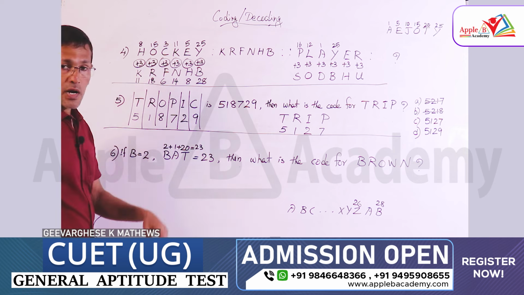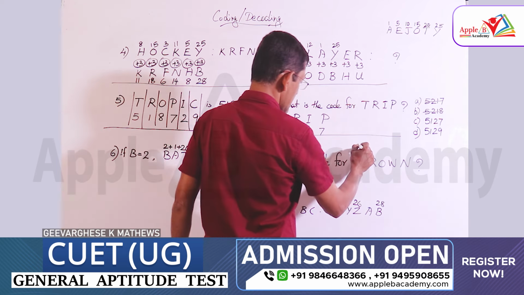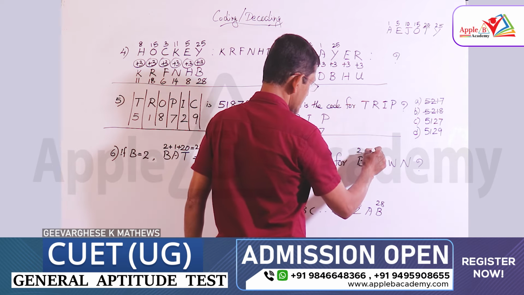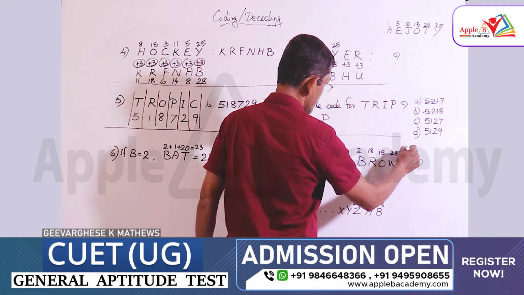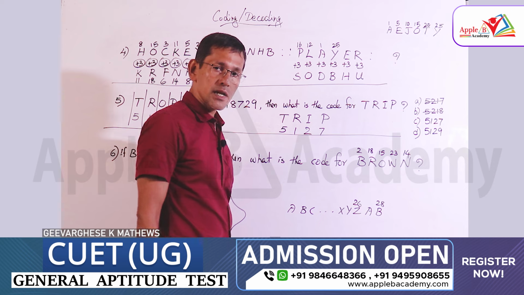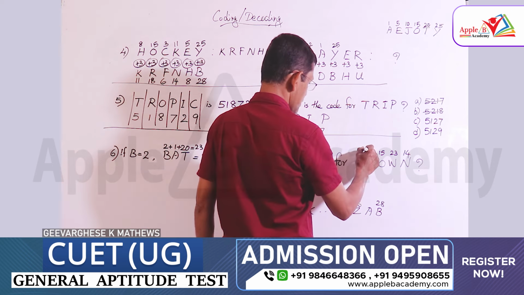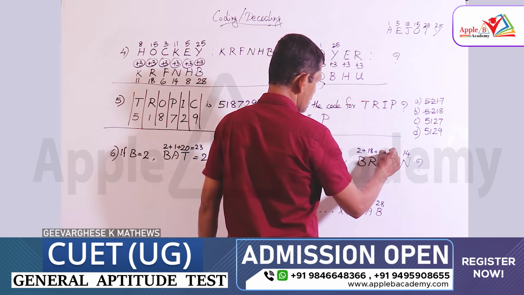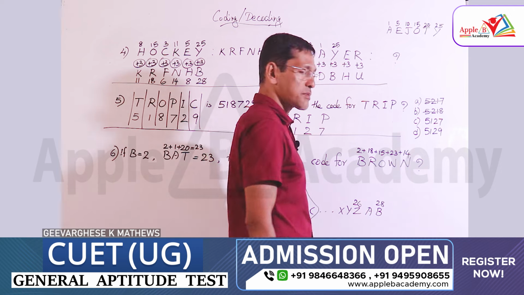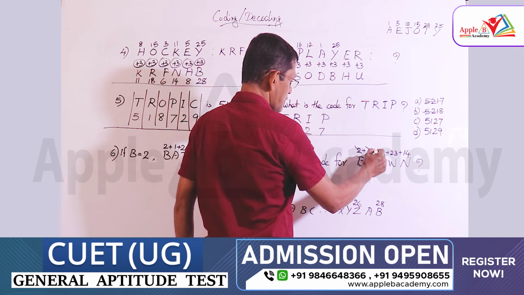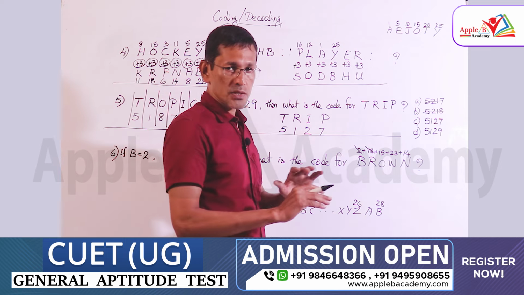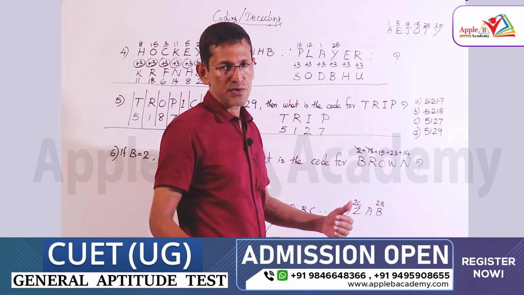So then what is the code for Brown? Well, it is 2, this is 18, this is 15, this is 23, and this is 14. Add it using mental calculation. So what is the best way? Rounding method. For mental calculation, what's the best method? Rounding method. So 2 and 18, the numbers which I am selecting, I just cancel them, otherwise we may have a confusion later.